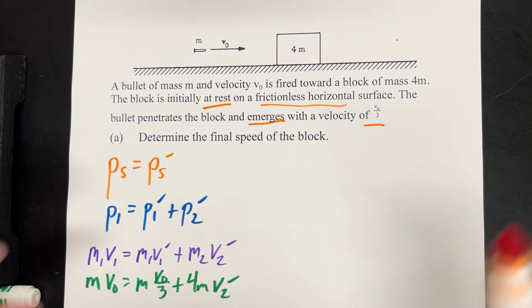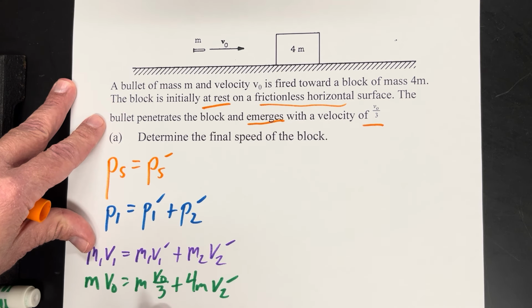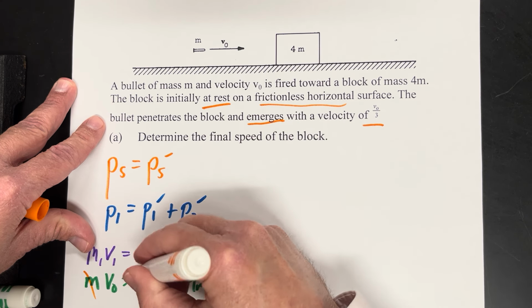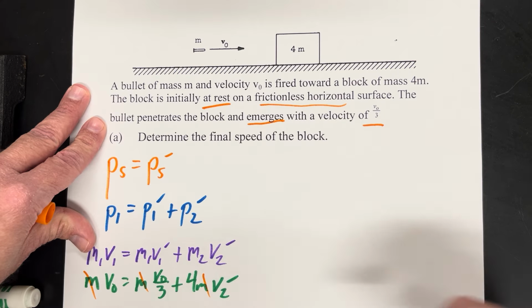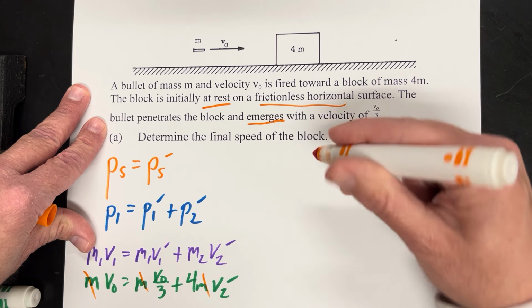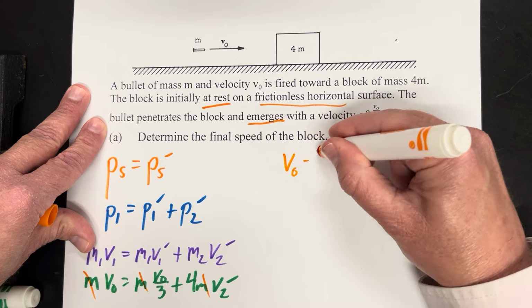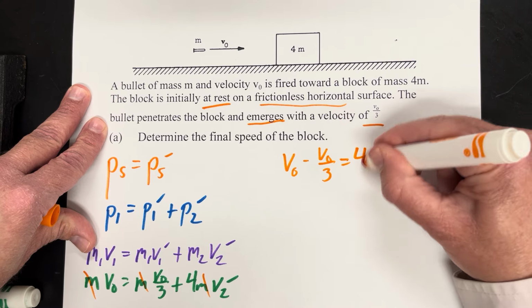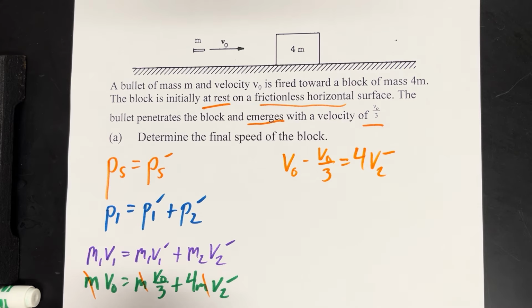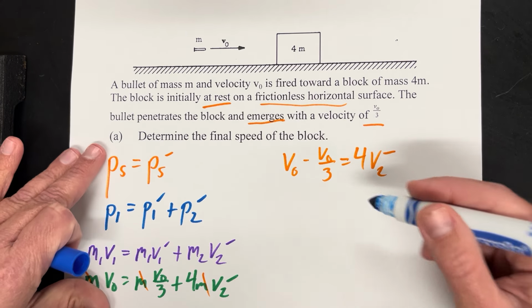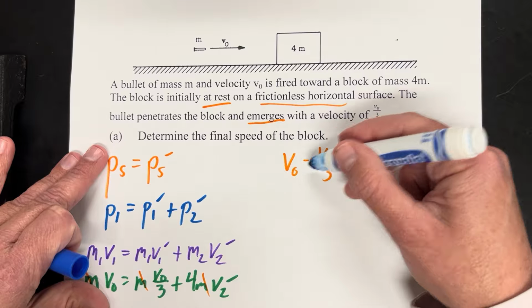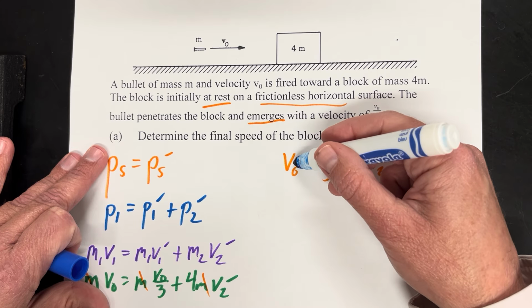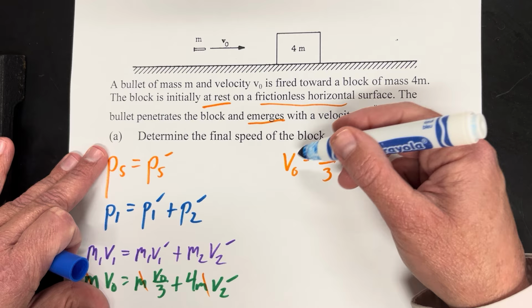Next, the masses cancel out of each part. Now I'm going to subtract this term to the other side, so I get v0 minus v0 over 3 is equal to 4v2 prime. If this is 1/3 v0, let's call v0 3/3 v0, the same thing as 1.